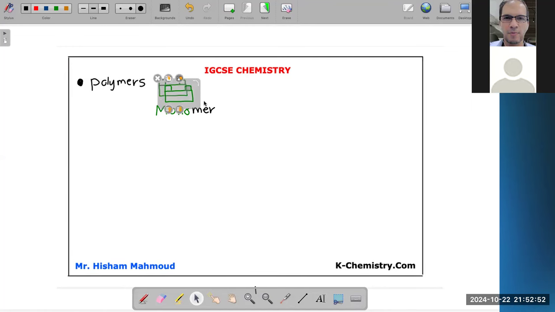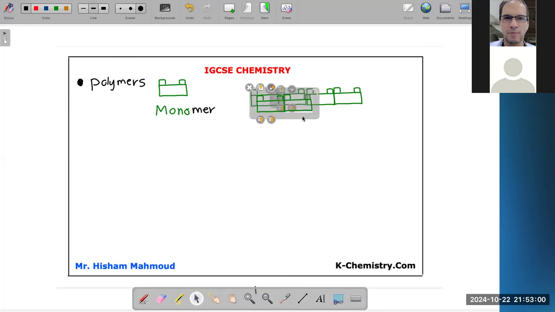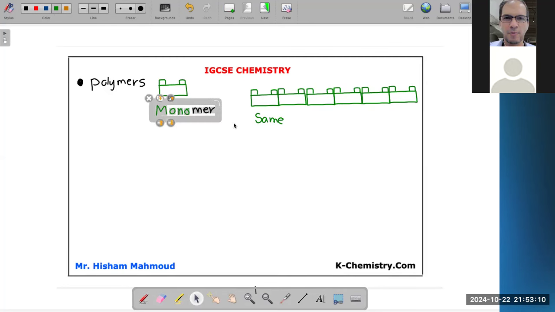So you take it and you just put it beside the other one, and then you join it to two more, and then you have four of it, and then like that. So you keep playing with it and adding 1 plus 1 plus 1 plus 1 from the same monomer.